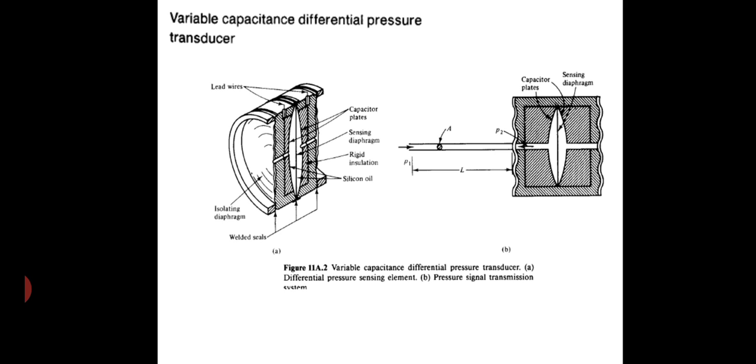The second transducer is basically the variable capacitance differential pressure transducer, and this is a very popular device which is used to sense and transmit pressure differences.